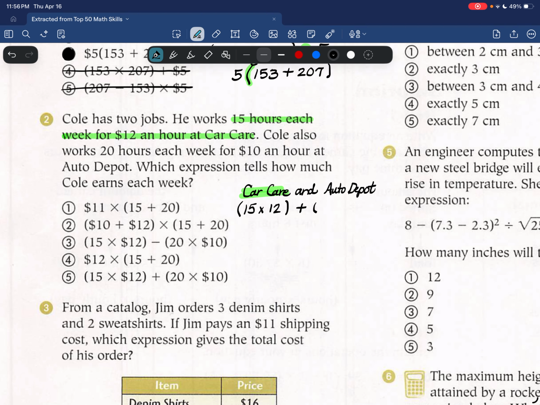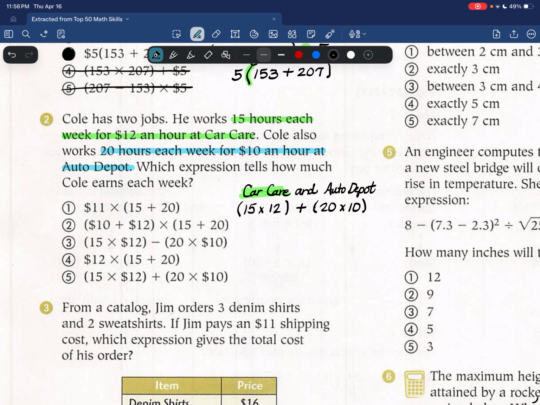And at Auto Depot, he does 20 hours a week at $10 an hour. So that would be 20 times 10. And that looks awfully good to me.